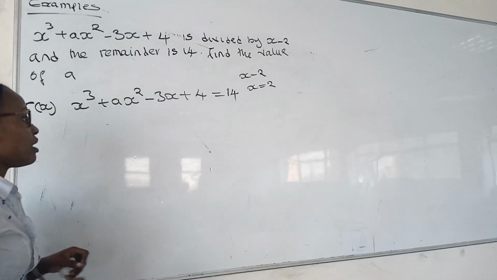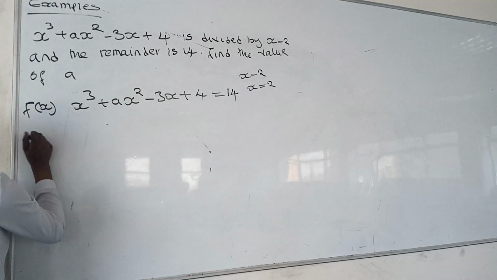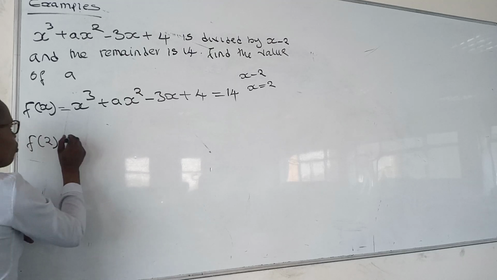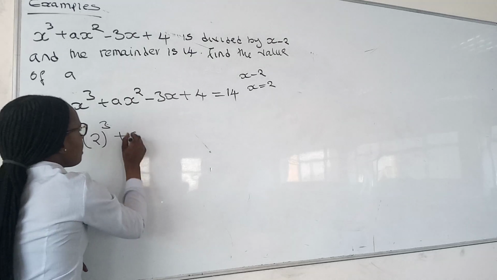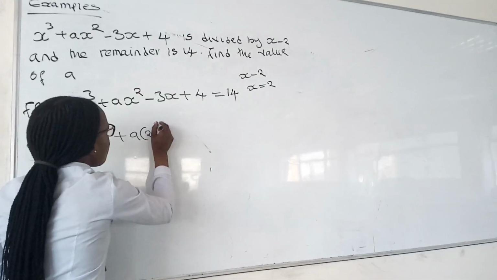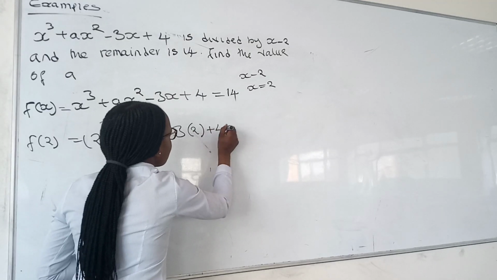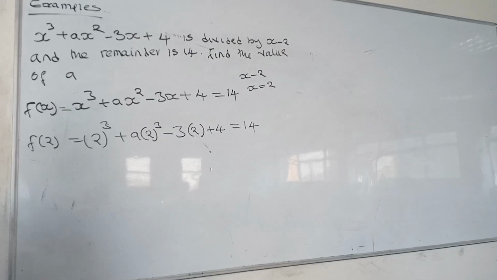That's what we are talking about. So this basically means that f of 2 will now be 2 raised to the power 3 plus a multiplied by 2 to the power 3 minus 3 multiplied by 2 plus 4, and this is equal to 14.